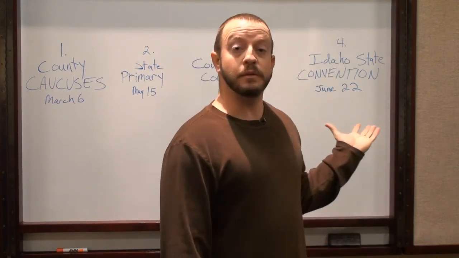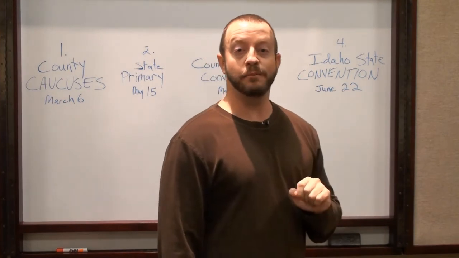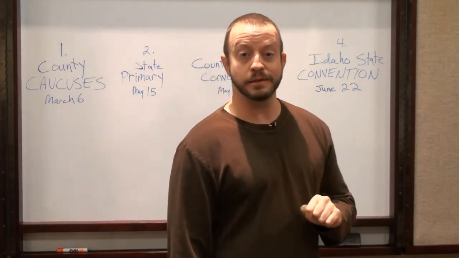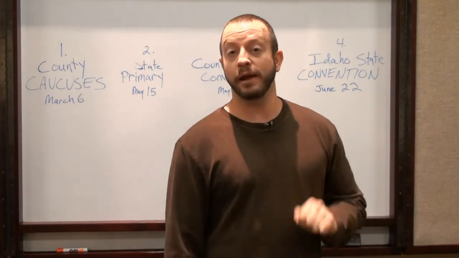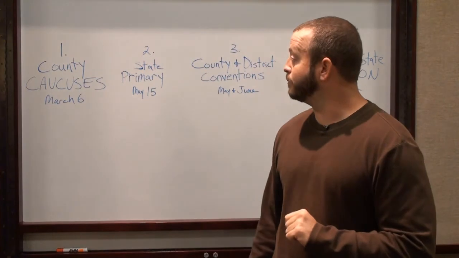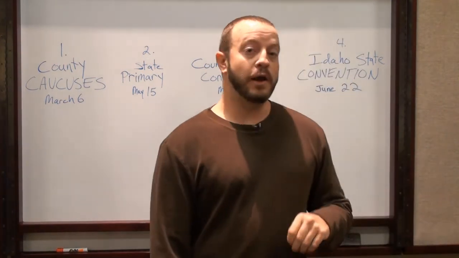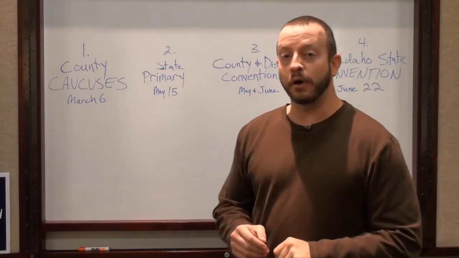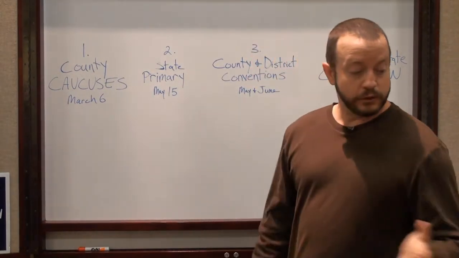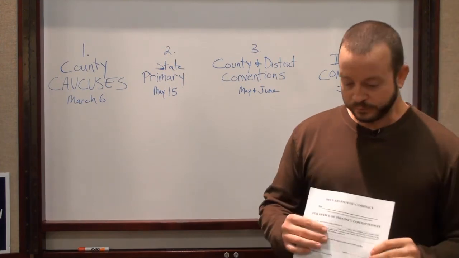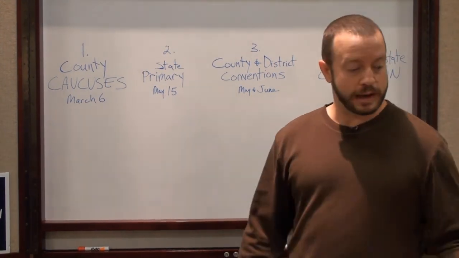And of course, obviously Mitt Romney supporters can attempt to do the same thing. So we cannot let Mitt Romney supporters have 2/3 of the delegates, because they will take away any of the delegates that Ron Paul would be entitled to. So, once again, it's very important to participate in your county caucus, vote for Ron Paul on March 6th, then file your declaration of candidacy for precinct committeeman, and file that with your county clerk.